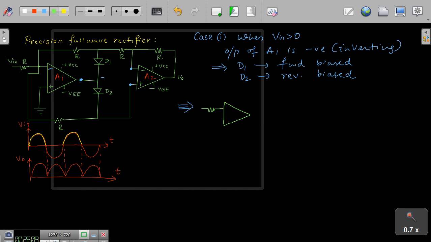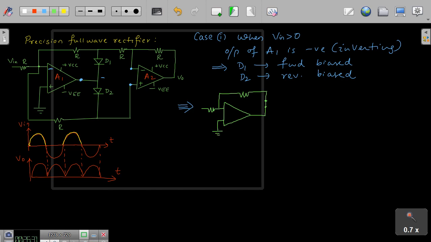This is my R1 here, or R, all I have taken as R's only. Now when the diode D1 is conducting, I will put it as a short circuit here, D1, like this. D2 is open circuited, so this is connected to ground.